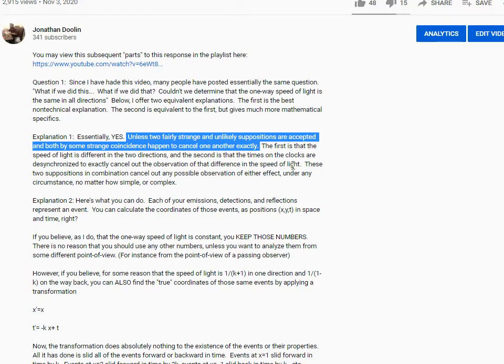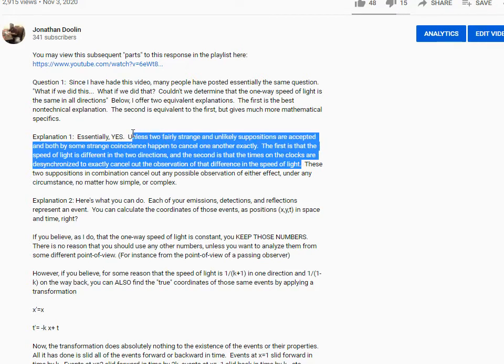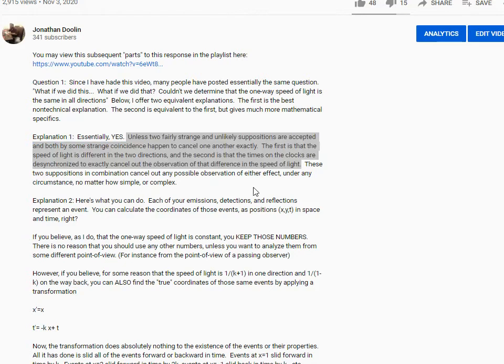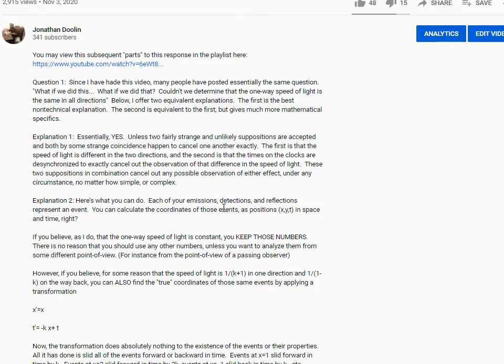Now, those two strange and unlikely suppositions are both combined in what I just did, the position-preserving temporal skew. But those two suppositions in combination cancel out any possible observation of either effect under any circumstances, no matter how simple or complex.